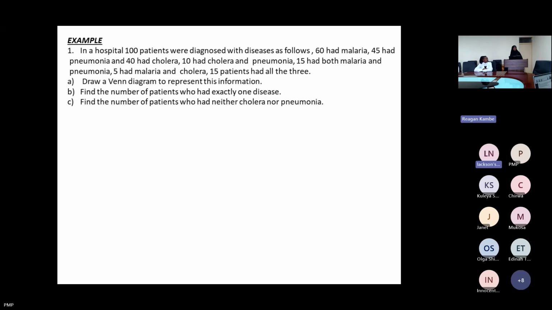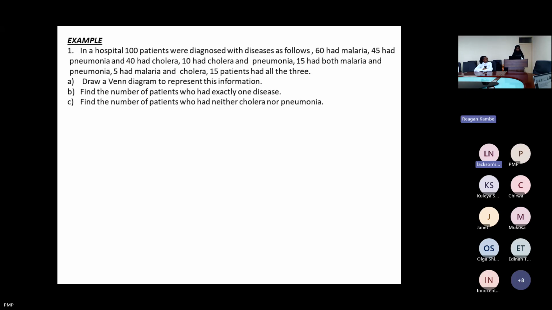I have an example here which reads: in a hospital, 100 patients were diagnosed with diseases as follows. 60 had malaria, 45 had pneumonia, and 40 had cholera. 10 had cholera and pneumonia, 15 had both malaria and pneumonia, 5 had malaria and cholera. 15 patients had all three.